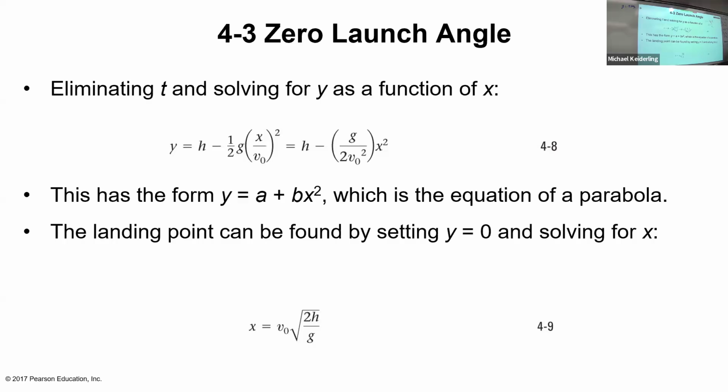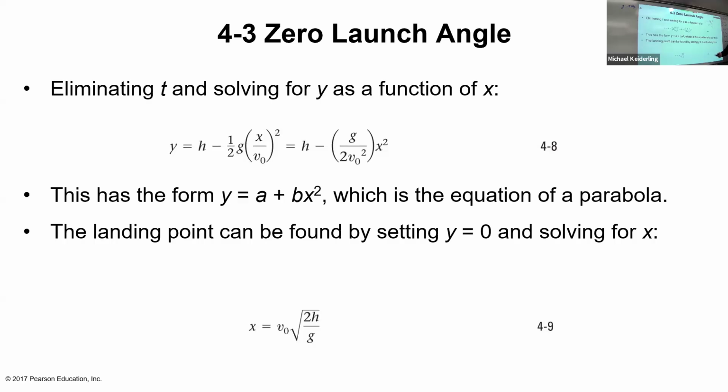This is a parabola, and the landing point can be found by setting y equal to 0 and solving for x. If you fire something horizontally from some height h with some velocity v naught, it will travel a distance v naught times the square root of 2h over g.